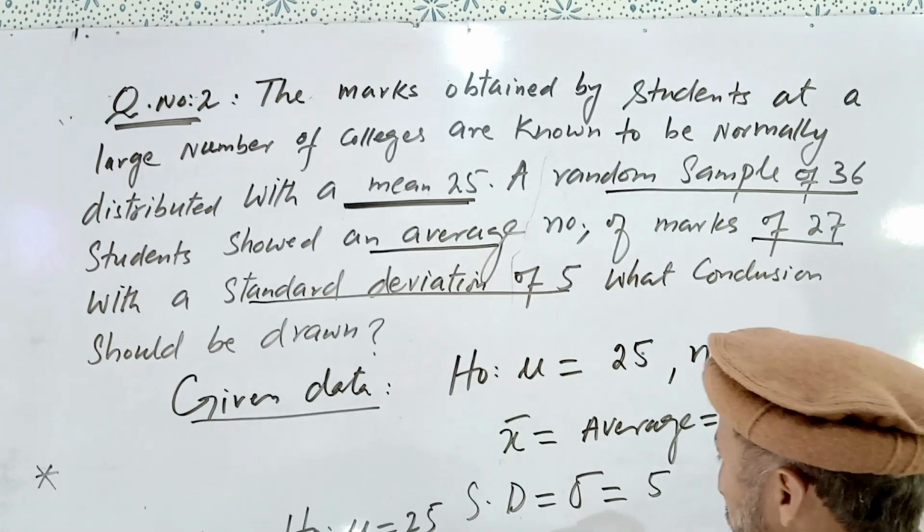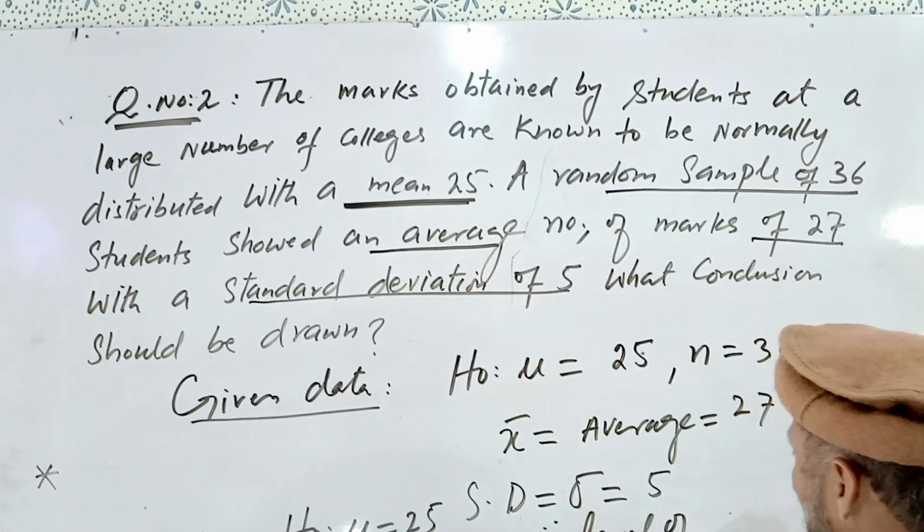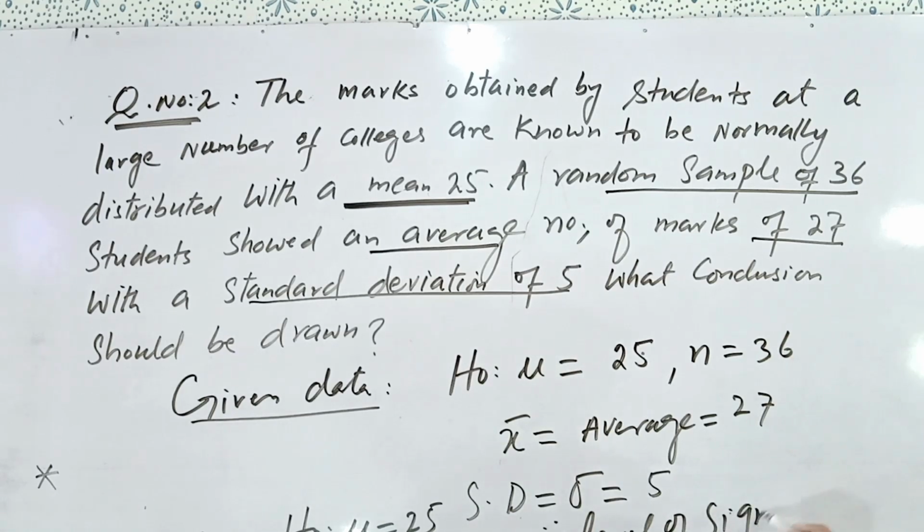And the second step is level of significance. Alpha is 5%, since alpha is not given in the question.